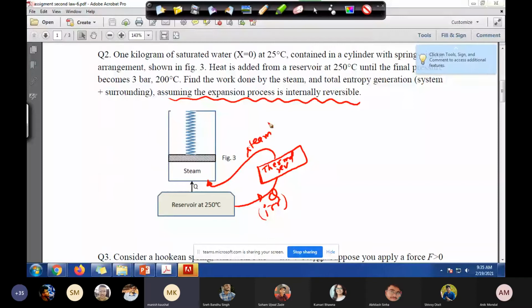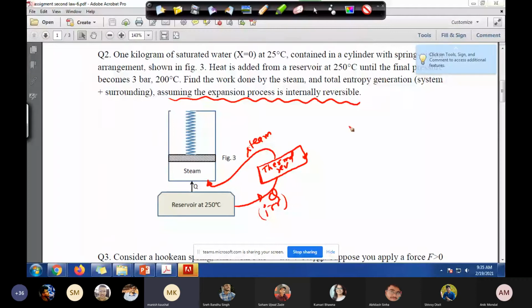Now, what will be the temperature of this thermal reservoir? Whoever said this answer, what will be the temperature? System temperature, right? Yes, sir. But the system temperature is varying. So basically, at every time you have to use a different thermal reservoir, at a different temperature, which should match the system temperature.